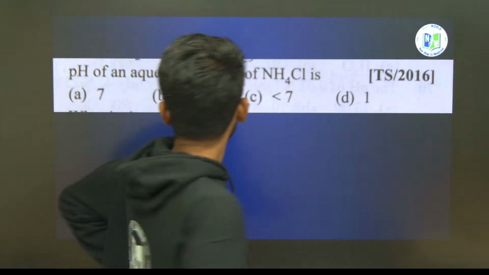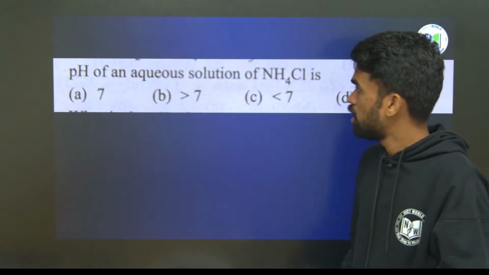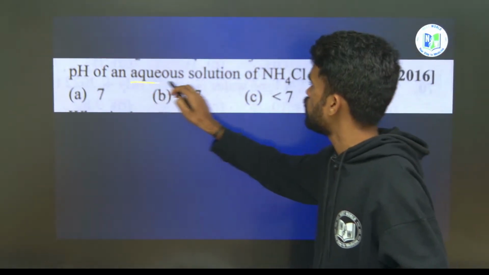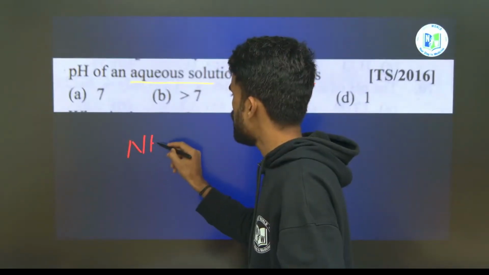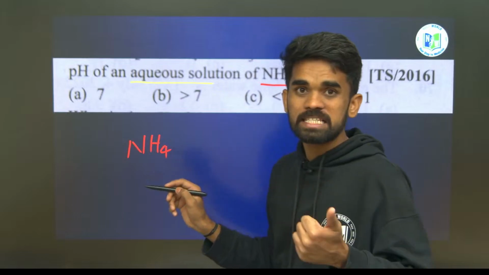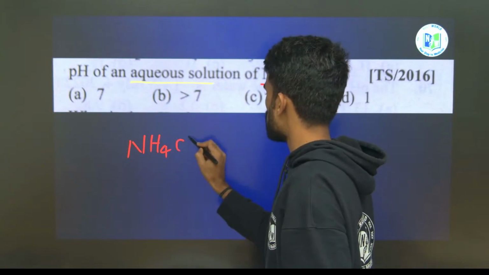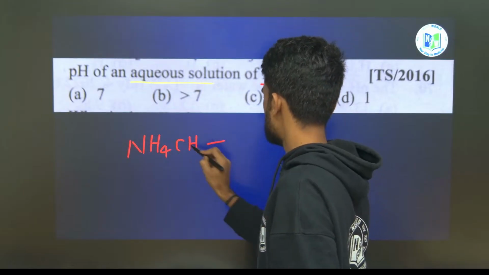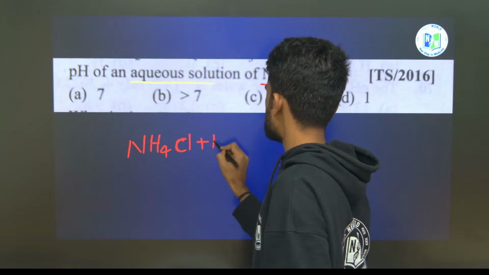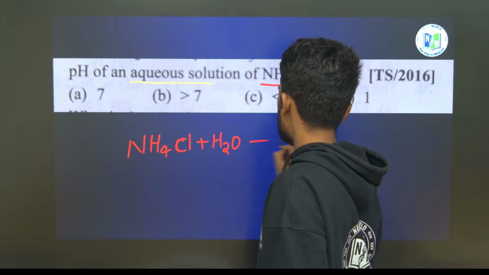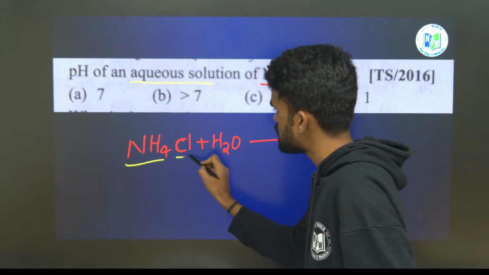Tell me the pH of an aqueous solution of NH4Cl, ammonium chloride. How can you say what an aqueous solution of ammonium chloride is? Ammonium chloride is a salt made up of a strong acid and a weak base. How am I saying strong acid, weak base? See, ammonium chloride, upon hydrolysis, that is, upon adding water: this is the cationic part and this is the anionic part.